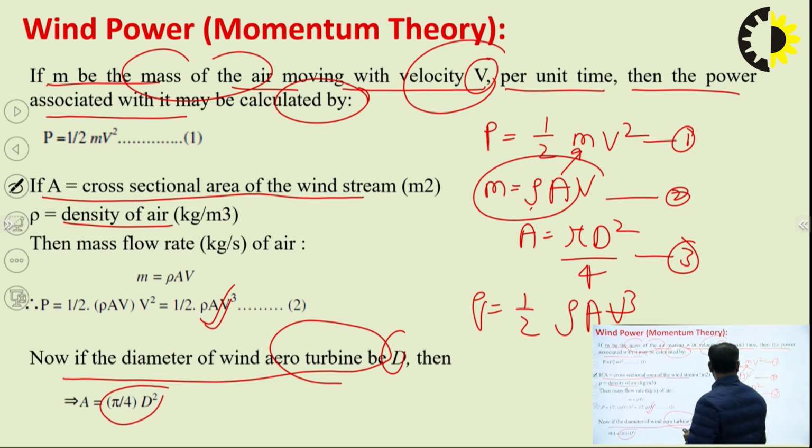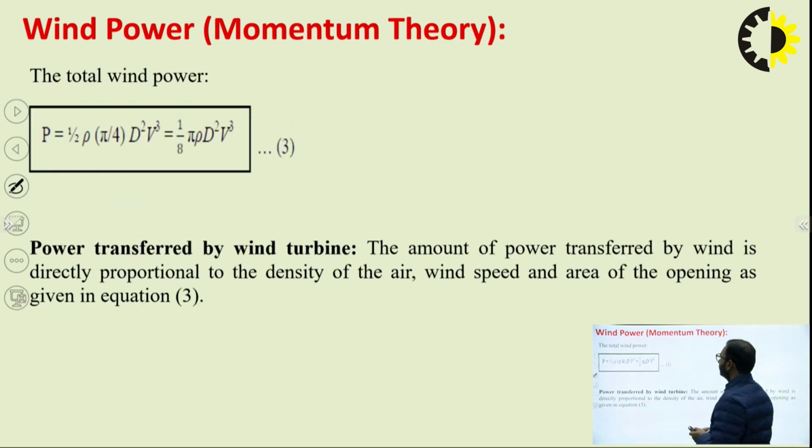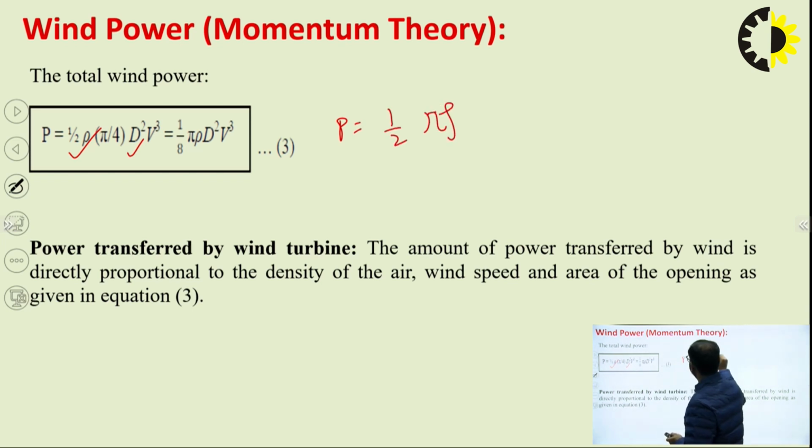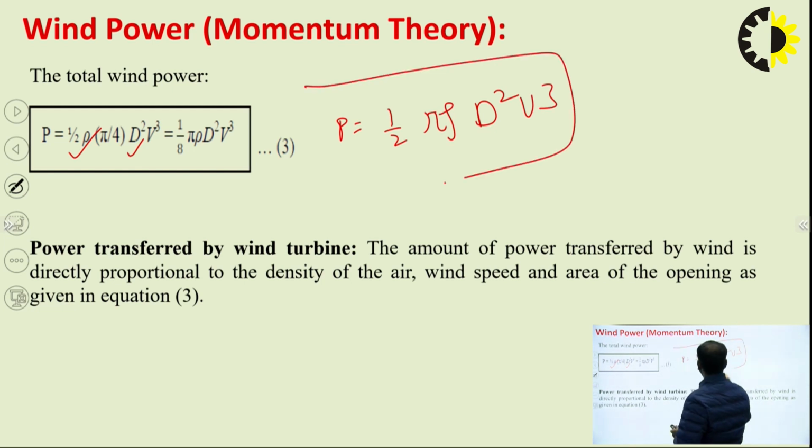So, by putting the value of A in equation number 4, we will get P is equal to half rho pi by 4 d square V cube. In short, we can write P is equal to half pi rho d square V cube. This is the total wind power.